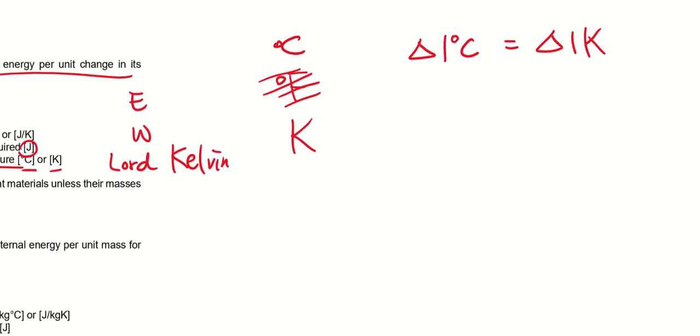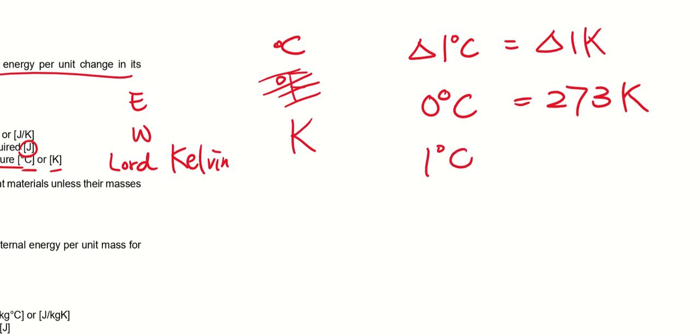So what is 0 degrees? 0 degrees is 273 Kelvin. The exact value is 273.15, but never mind.